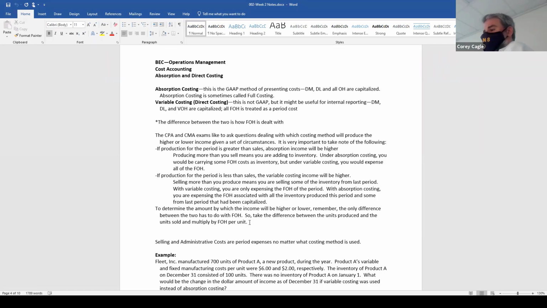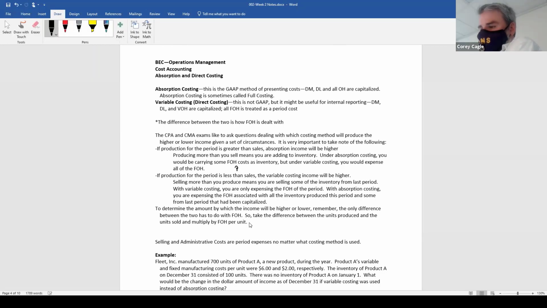Well, under absorption costing, fixed overhead is being inventoried for those units. Under variable costing, all of that fixed overhead goes to the income statement. So bigger expense under variable costing. Less expense under absorption costing because we're inventorying some of that fixed overhead. So if you produce more than you sell and stuff goes into inventory, absorption net income is higher. So just remember that.